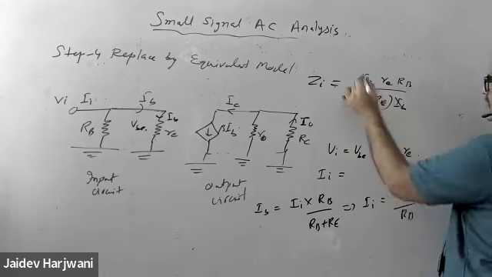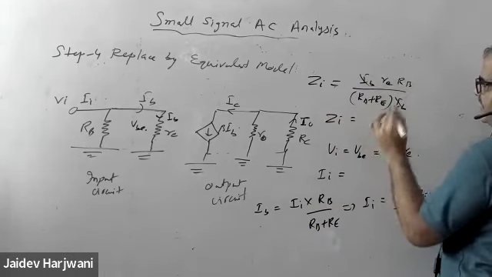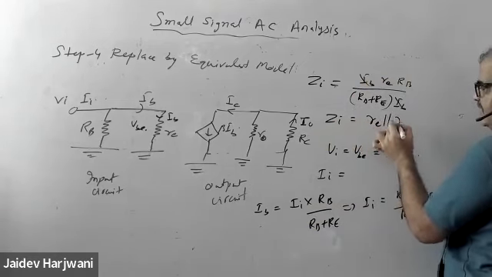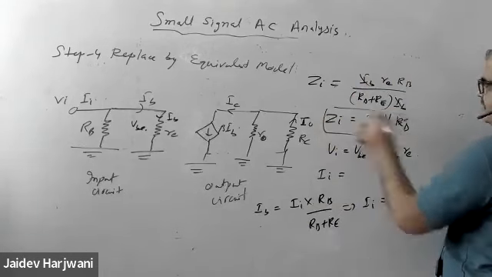This cancels out. So ZI becomes RE RB upon RE plus RB, that is the parallel combination of RE and RB. This is your input resistance.